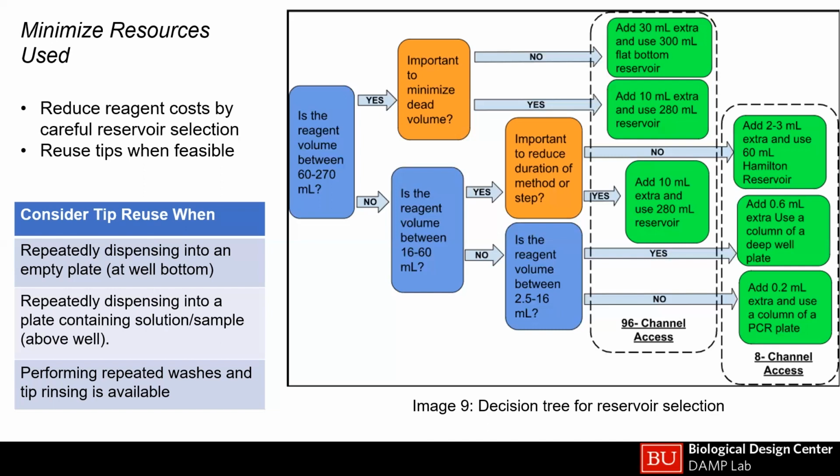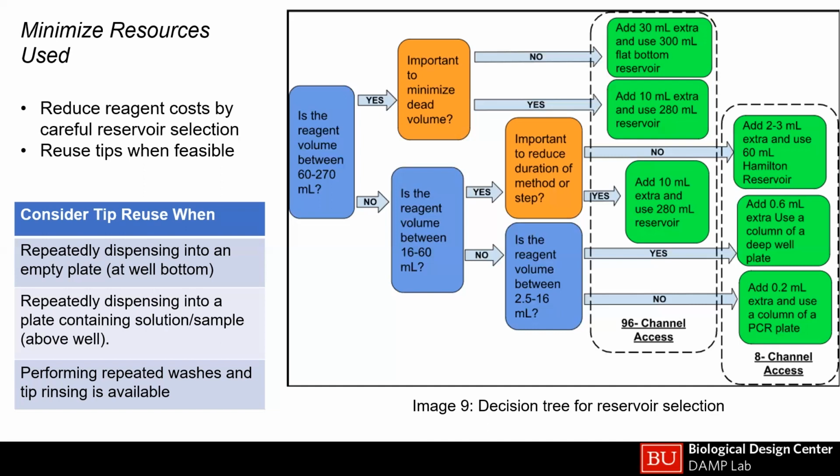So this is an example of a decision tree that I came up with here on the right. By no means is this an end-all, be-all that captures every scenario, but it was a way for me to think about and aid users and people thinking about moving a manual process into an automated one to at least get started thinking, well, do you need 96 channel access, or is it okay with just 8 channel access?